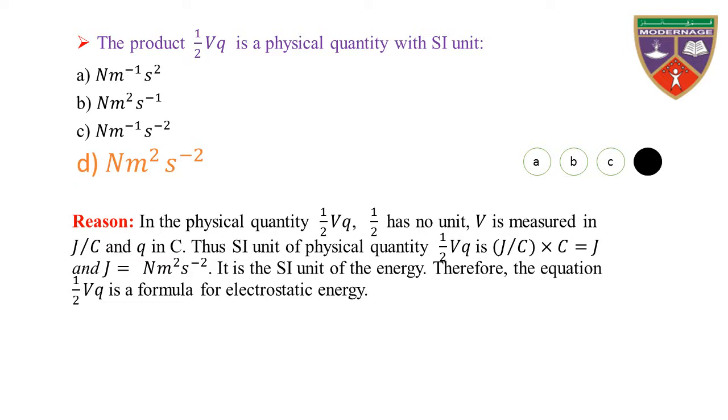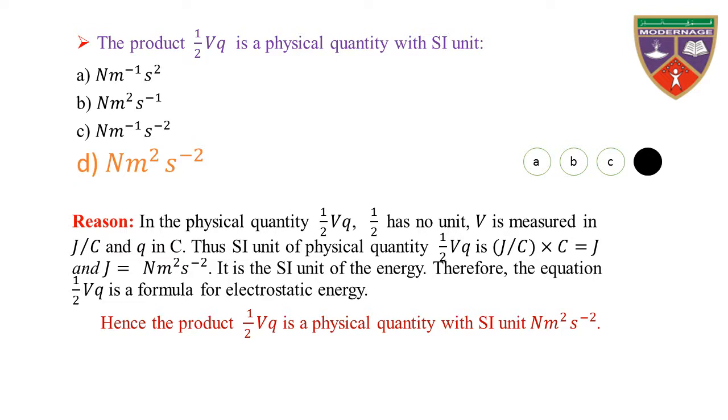It is the SI unit of the energy as well as the work. Therefore, the equation 1 by 2 V into Q is the formula for electrostatic energy. Hence, the product 1 by 2 VQ is a physical quantity with SI units Newton meter square per second square.